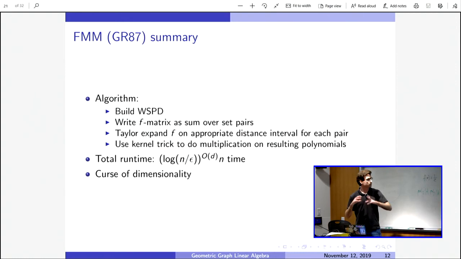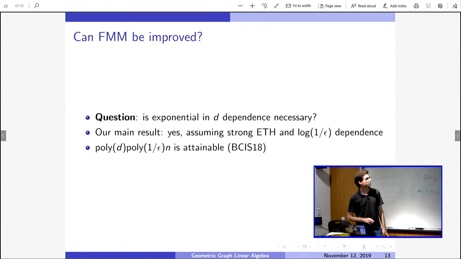And then you can Taylor expand the function, and by Taylor expanding the function, you can approximate that matrix with a low rank matrix, with rank like log of 1 over epsilon to the d. Okay, so this is the fast multipole method.